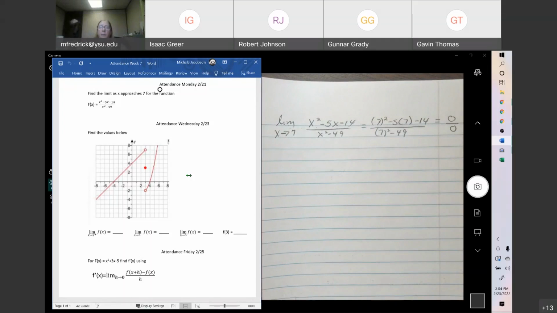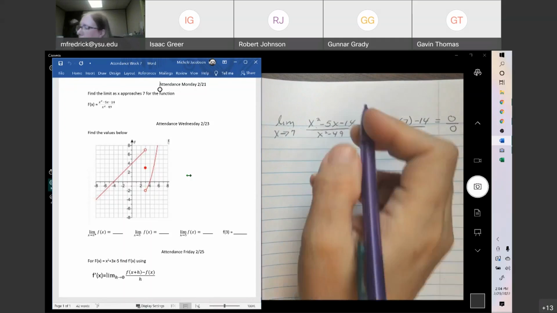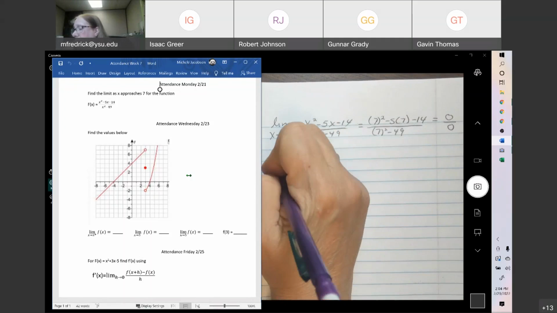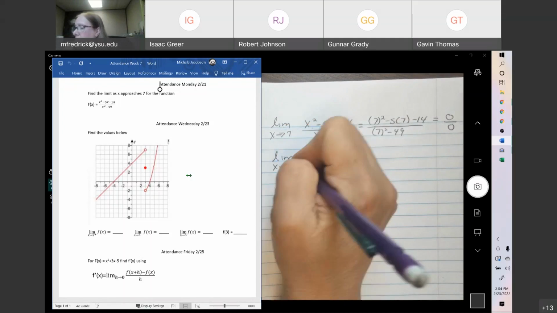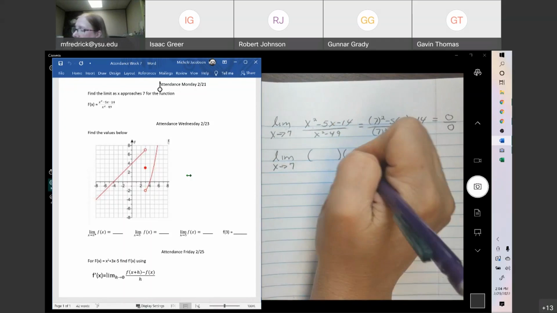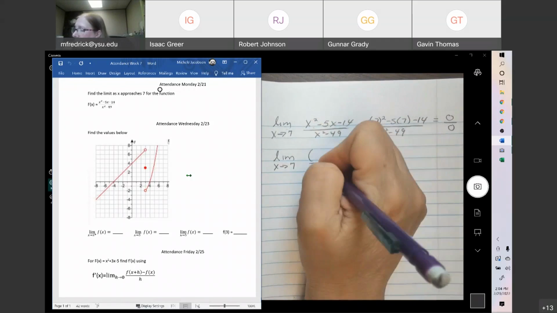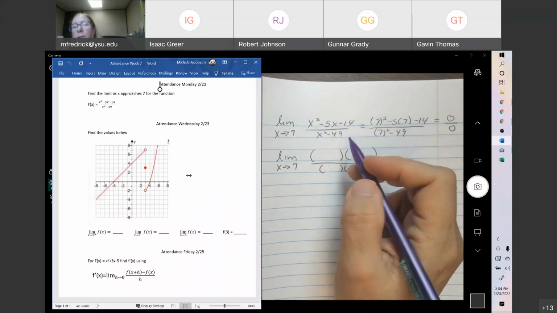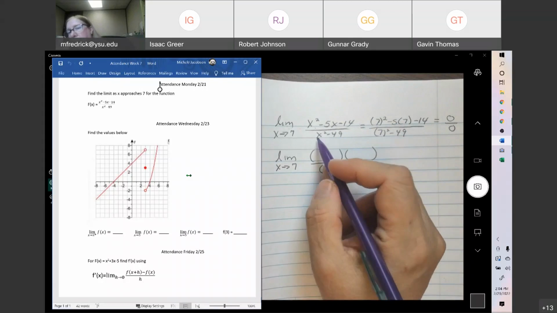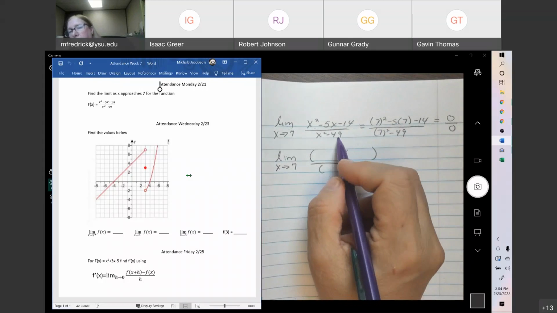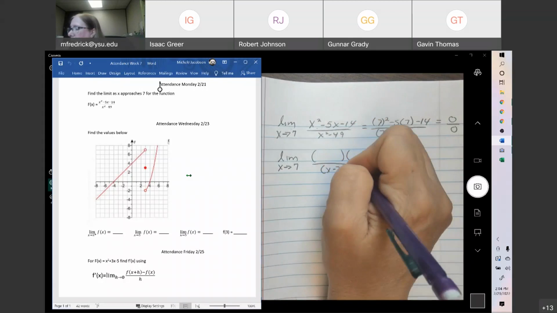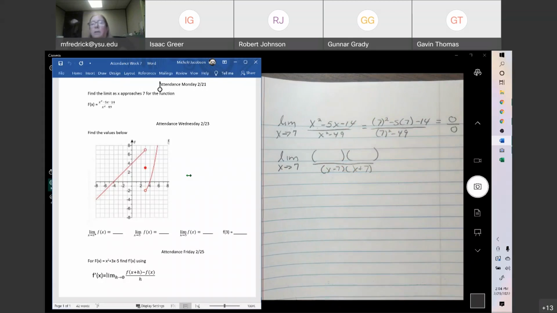When you get 0 over 0, it means there was a common factor, so you have to go back. And in this case, since they're quadratics, factor. The bottom, this is x squared and 7 squared, so the difference of squares, x minus 7 and x plus 7.